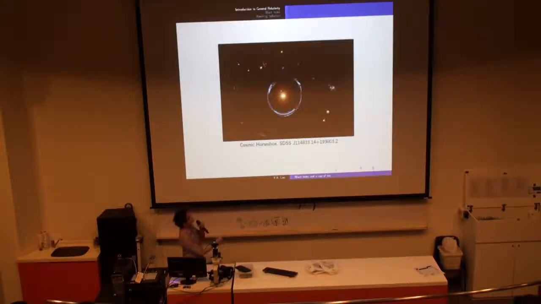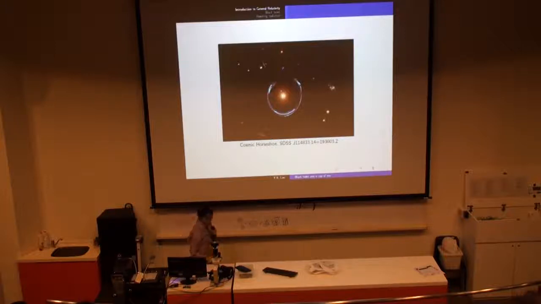And why does it have this shape? This is a distorted image of something that is supposed to be directly behind this galaxy. The light travels around the galaxy and into the camera. And why is it round?